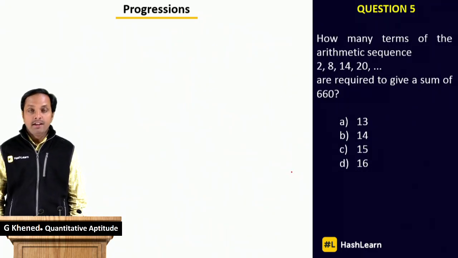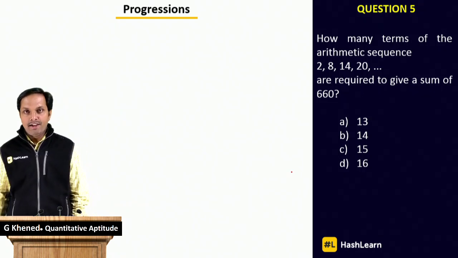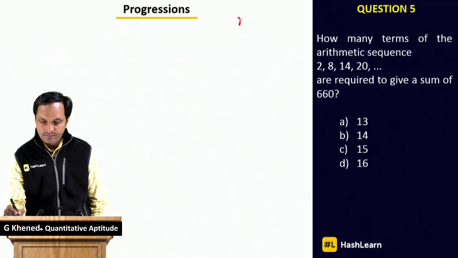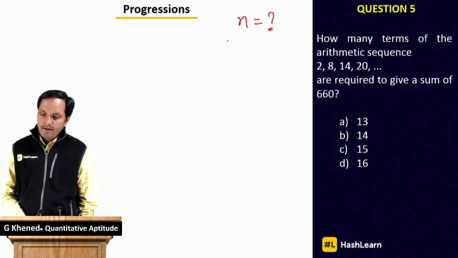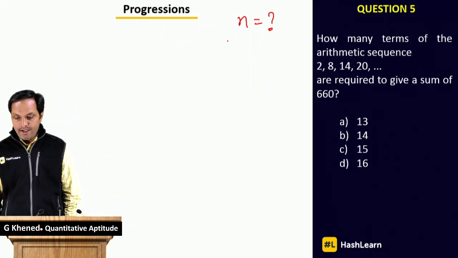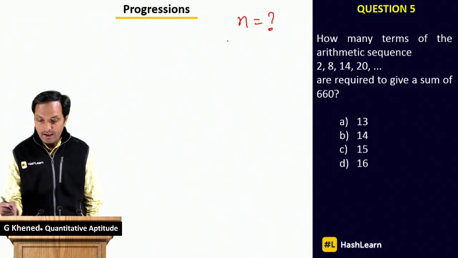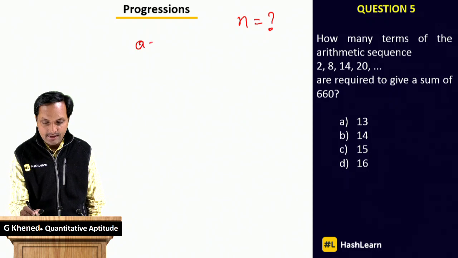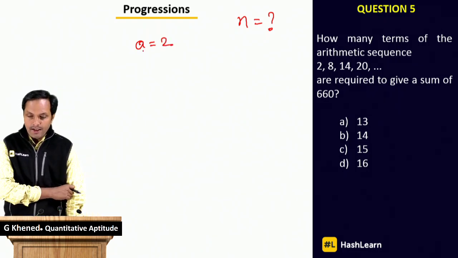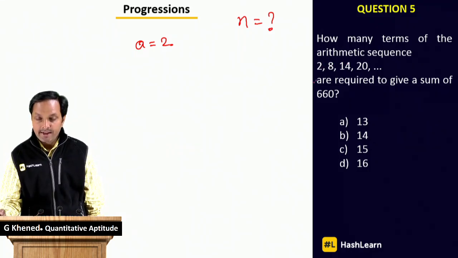Next question is here, number 5. How many terms, the number of terms, that is n, you need to find. The sequence is 2, 8, 14 and 20, so that the required sum is 660. A is the first term, 2, and you know that the common difference is 6. 8 minus 2 is 6, 14 minus 8 is 6.